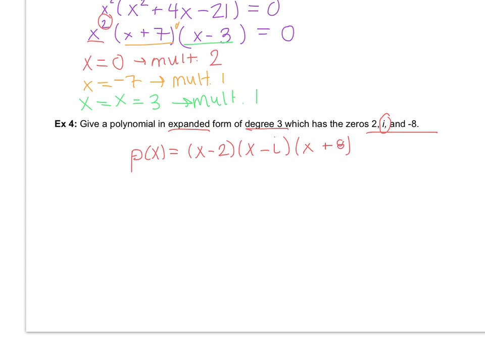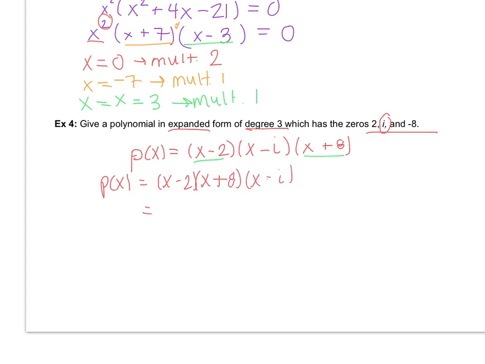To do that, I would actually rearrange this so that these two factors are next to each other so that we can do that multiplication a little more easily. So x minus 2 times x plus 8. I'm going to do that first.